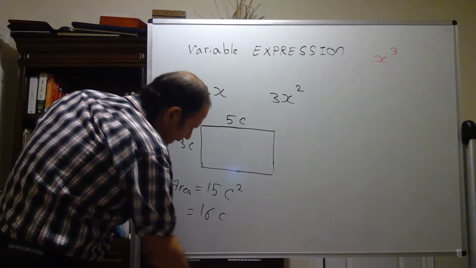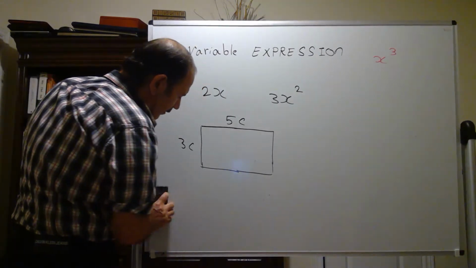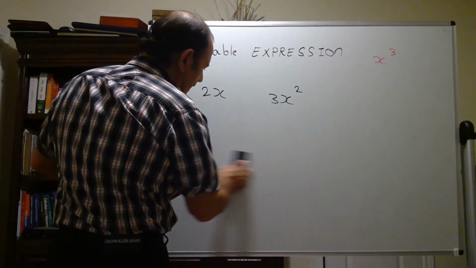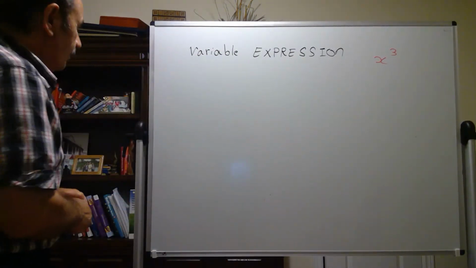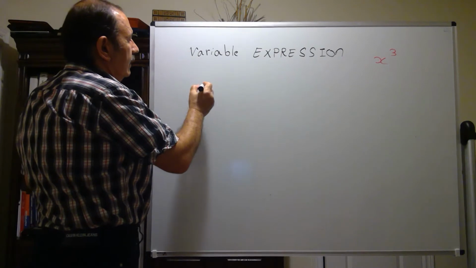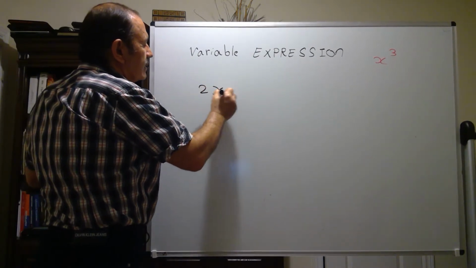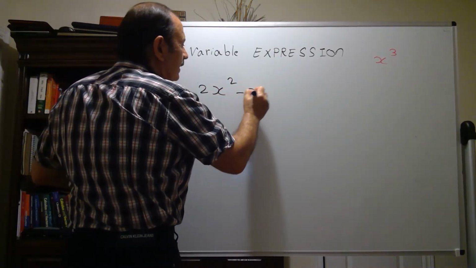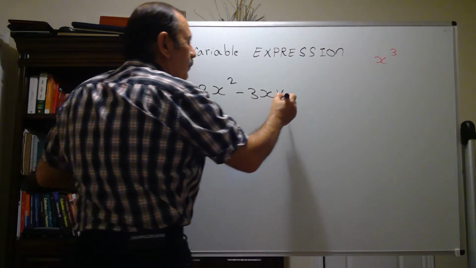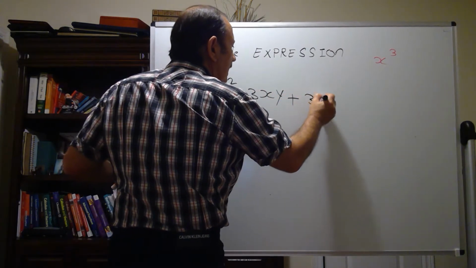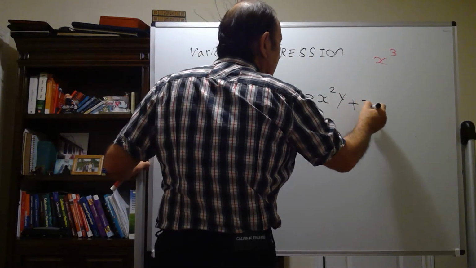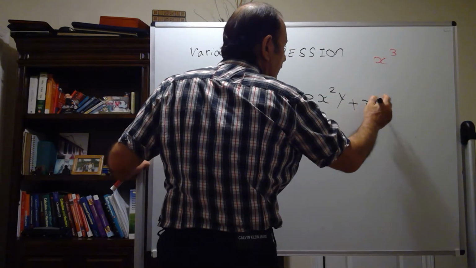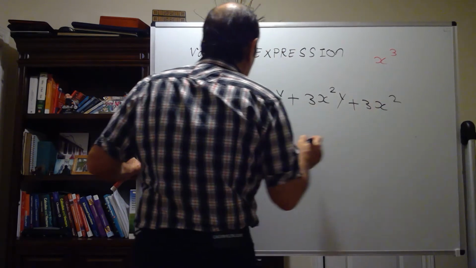Let's do another example of simplifying variable expressions. 2x square minus 3xy plus 3x square y plus 3x square.